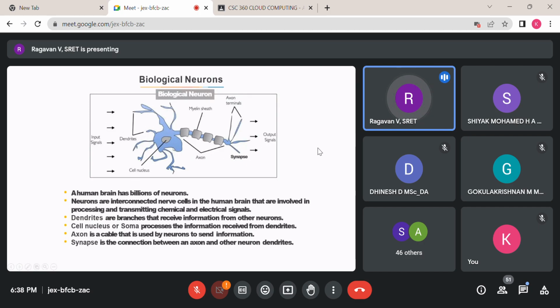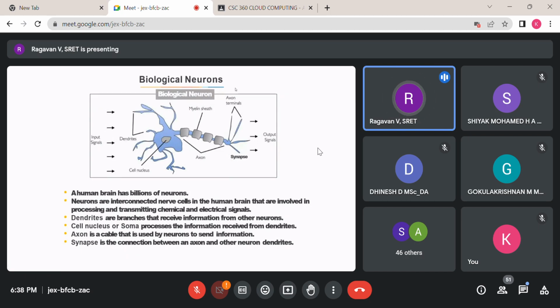The cell nucleus processes or stores the information. Then the axon cable transmits the information from the cell nucleus to the synapse. The synapse is the connection to other neurons or nerve cells.